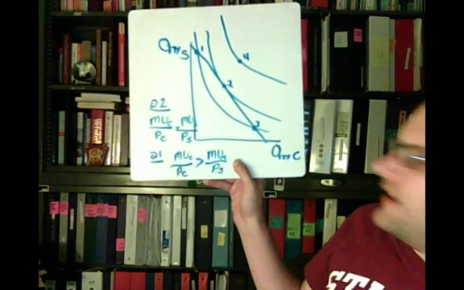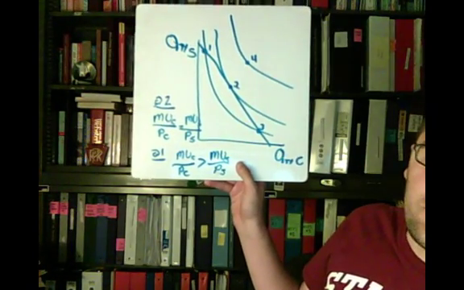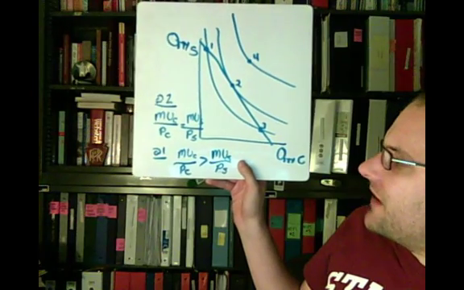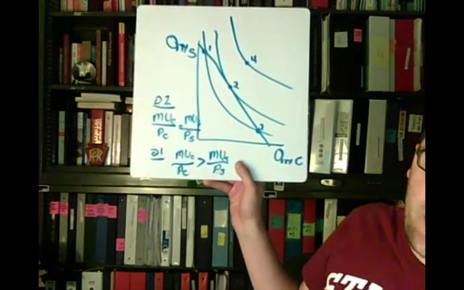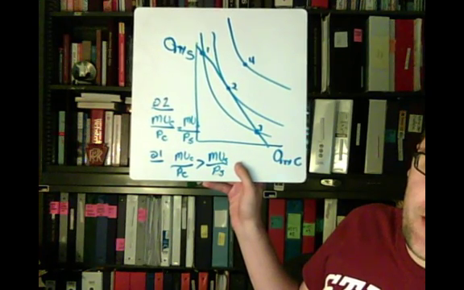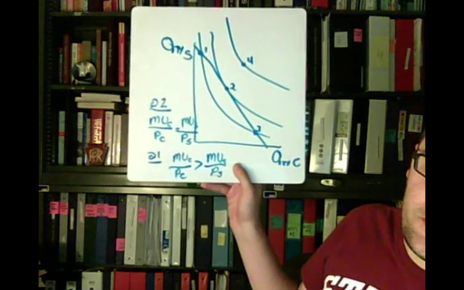And if that's the case, what would I as a consumer do? Basically that would say that at point 1, for every dollar I have to spend, I get more happiness per dollar spent on crest than I do on sushi.